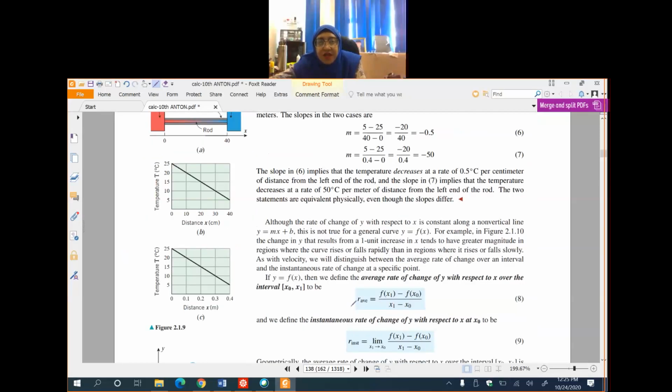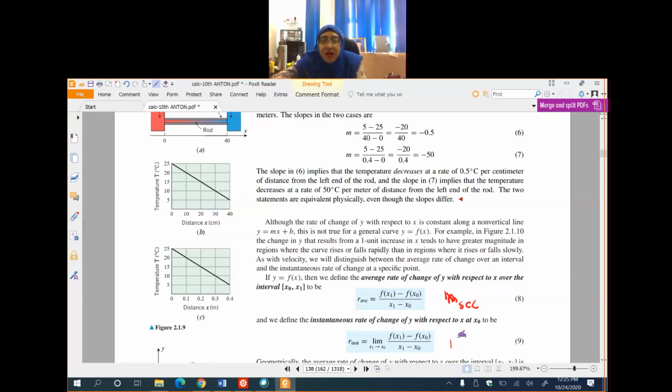So for the rate of change, we also have the average rate of change and the instantaneous rate of change. Like before, the average rate of change is dealing with the slope of the secant line, so this is m secant.